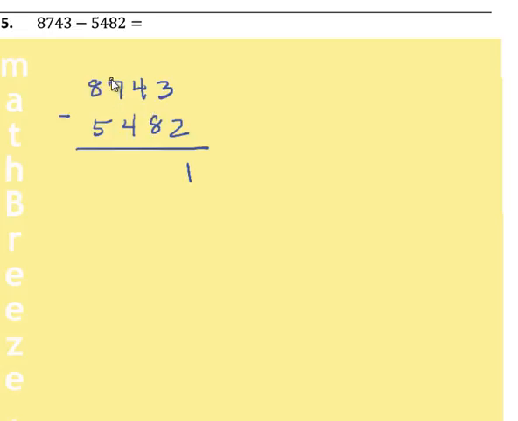So what we do is we borrow a 1 from the 7, and so we're going to make this a 6 and put the 1 right here. So we're subtracting 14 subtract 8, which is 6. And continuing in the next column, 6 subtract 4 is 2, and 8 subtract 5 is 3.